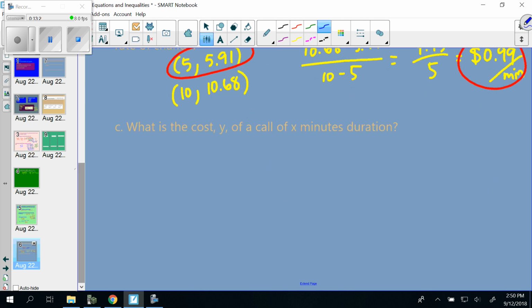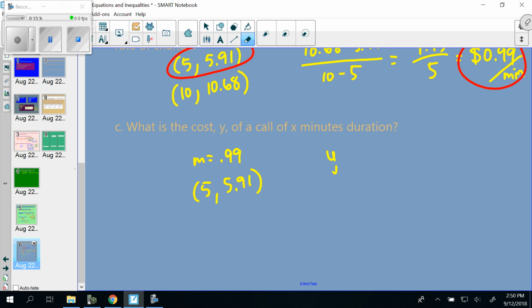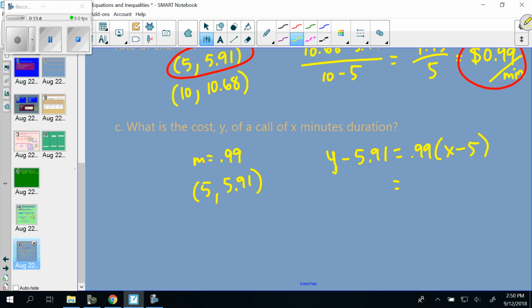Again, why don't you pause the video here and see if you can come up with that. All right, let's see. We got our slope of 0.99. We got our point here of 5.91. If you put it into point slope form, and remember you can use slope intercept form too. We did that on a previous video, but I'm going to continue with this here. You got 5.91 equals our slope times this, multiplying that out and distributing.